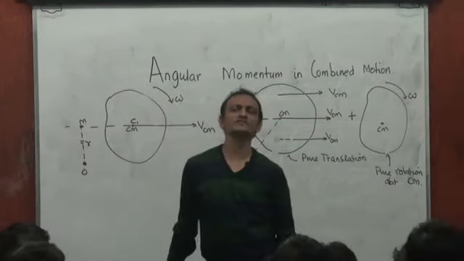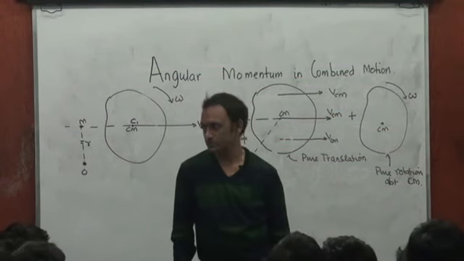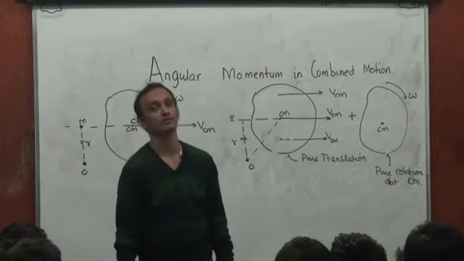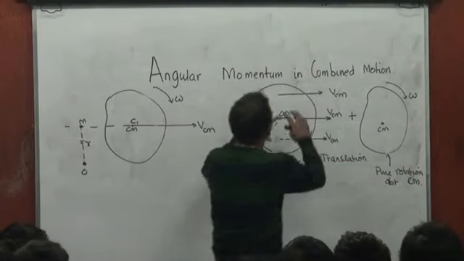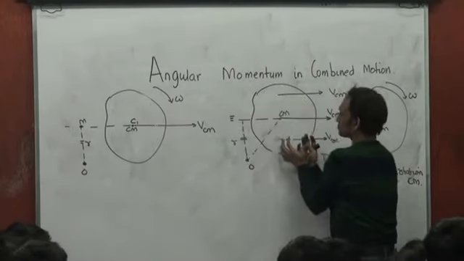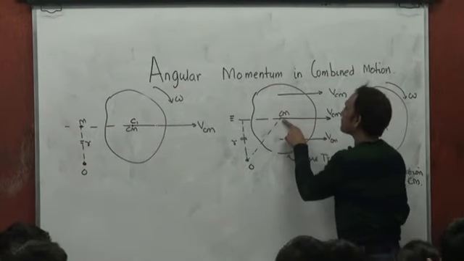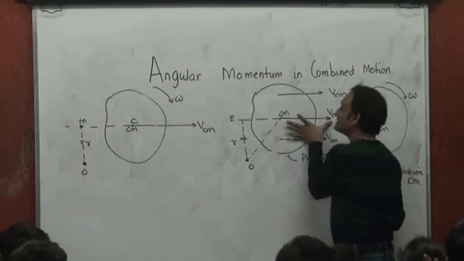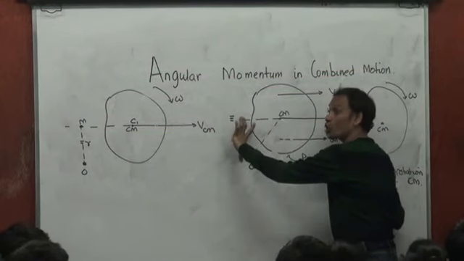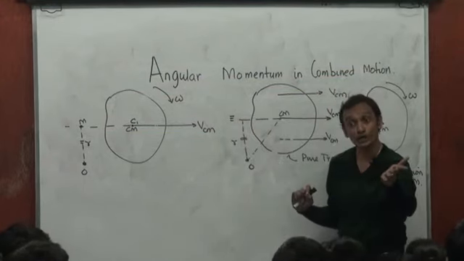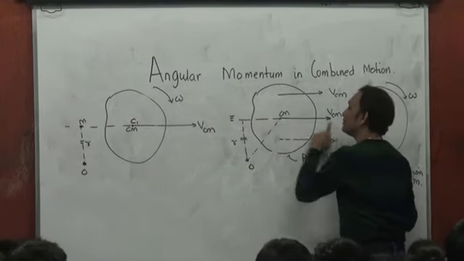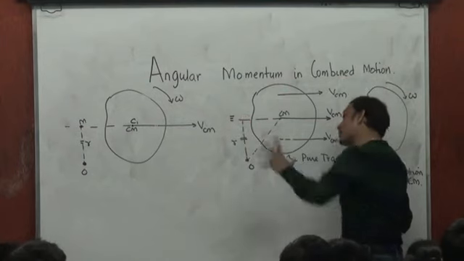Mentally, the manner in which I want you to remember this: think of the pure translation, which is like a point particle placed at the center of mass, M VCM into R. That's the contribution because of pure translation. Is it clockwise or anti-clockwise?